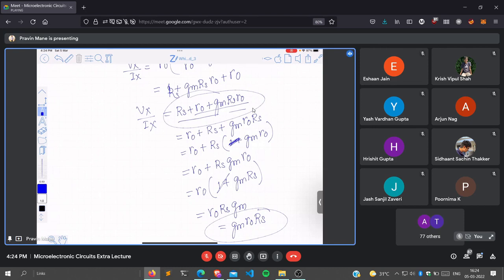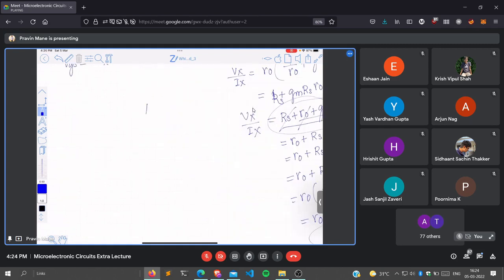You remember this equation. In approximation, these two are neglected, only gm RO RS remains. So if I ask you, suppose for example, this is the circuit configuration.